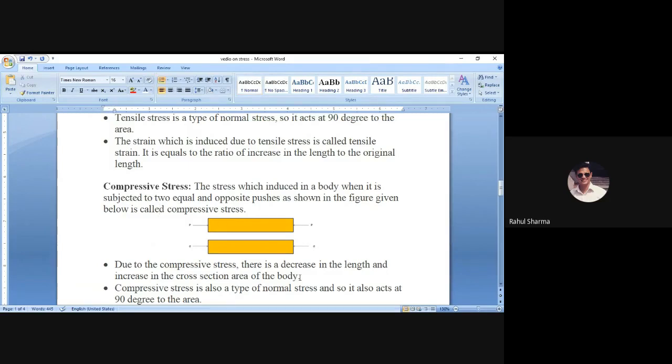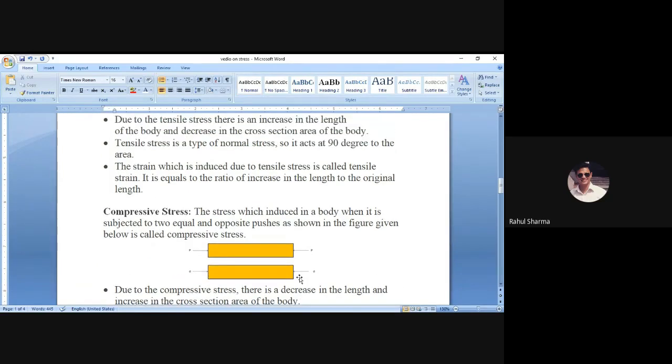Right? Now, next point, tensile stress is a type of normal stress, so it acts at 90 degrees to the area. This is again the same for compressive stress also. Now, the strain which is induced due to tensile stress is known as tensile strain. Strain we will talk about later on, but basically you can consider strain as deformation per unit original length.